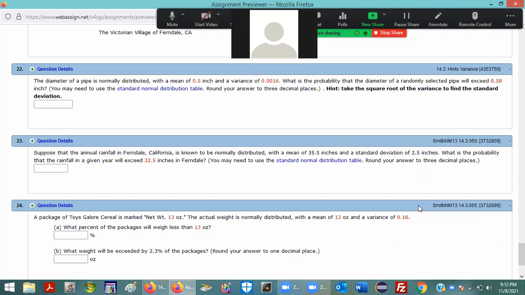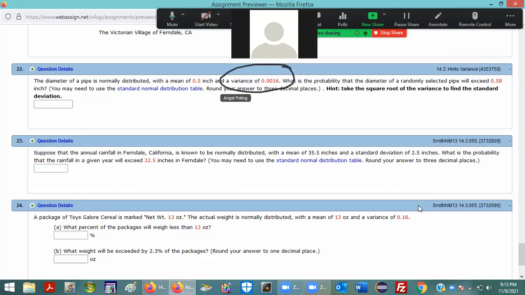In 22, the diameter of a pipe is normally distributed with a mean of 0.5 inches and a variance of 0.0016. What is the probability that the diameter of the randomly selected pipe will exceed 0.58 inches? So they give us a hint.